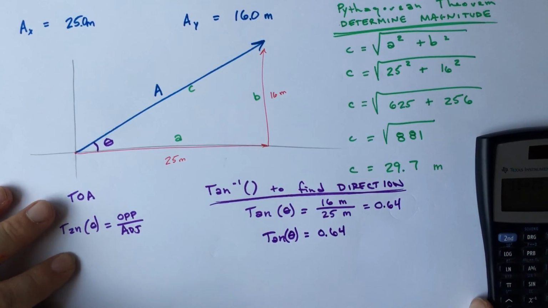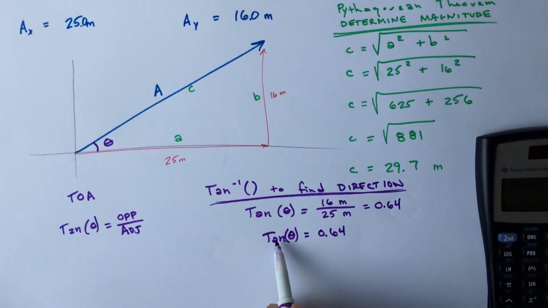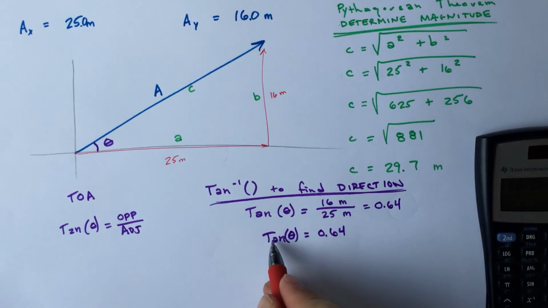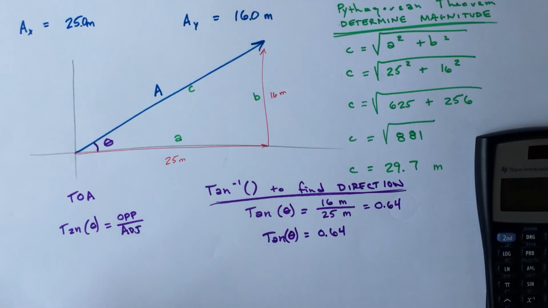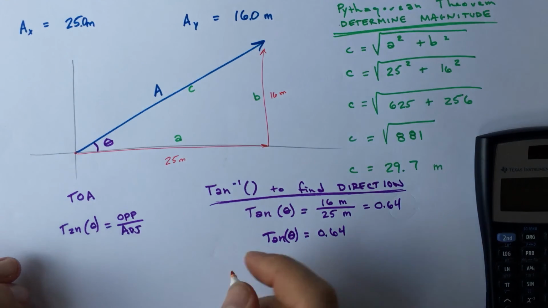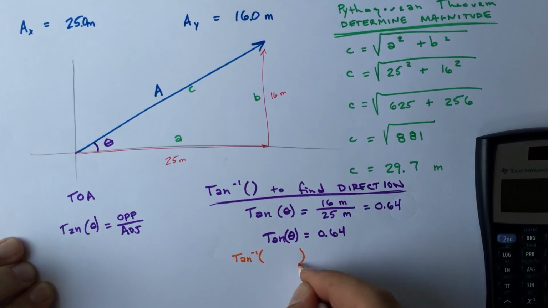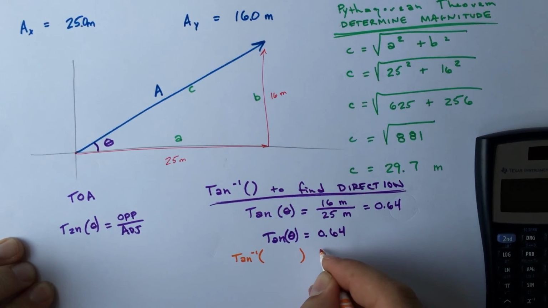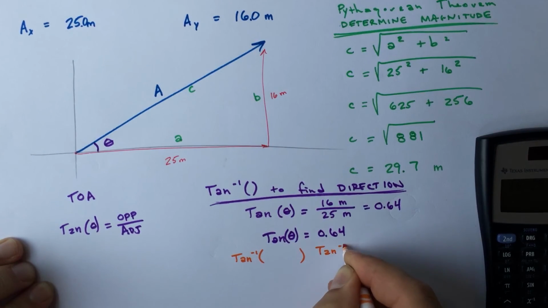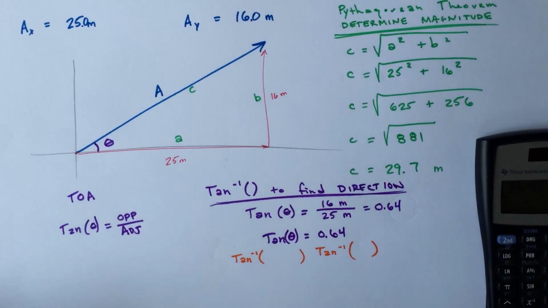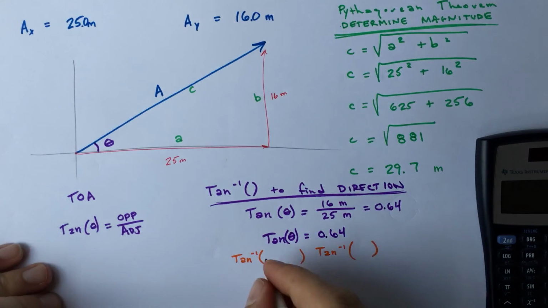And this is how we do it. We have to do the opposite of tangent. So on both sides, I'm going to do the inverse tangent. I'm going to write that this way: I want the inverse tangent of this side, and I want the inverse tangent of this side.